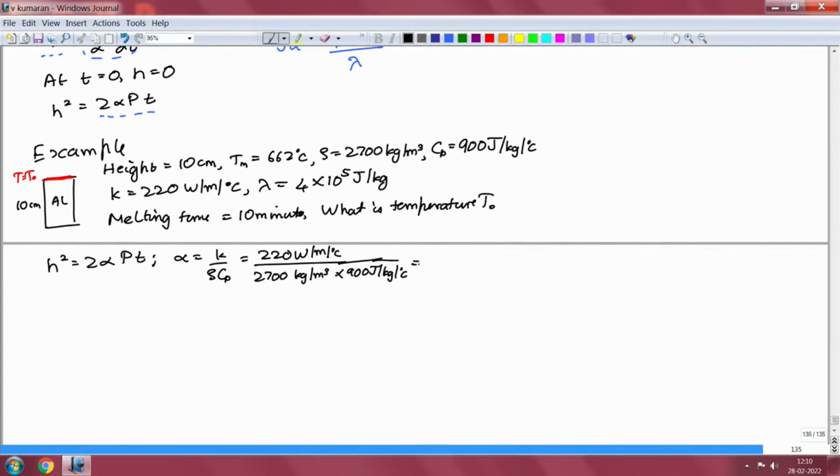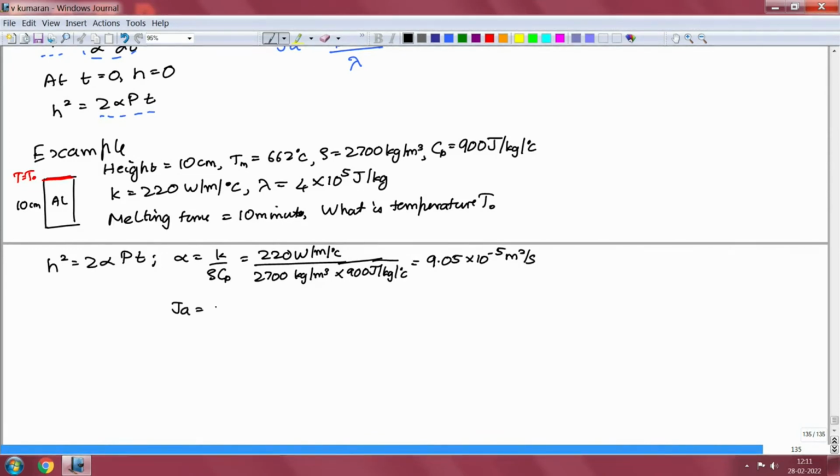And you can calculate this is equal to 9.05 into 10 power minus 5 meter square per second. So, that is the thermal diffusivity.